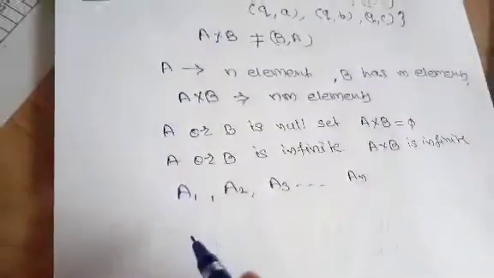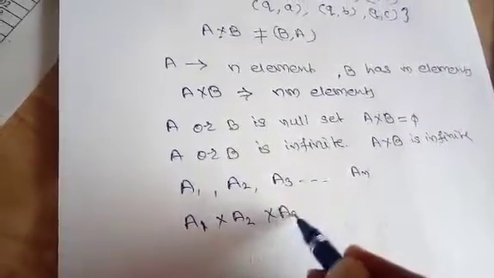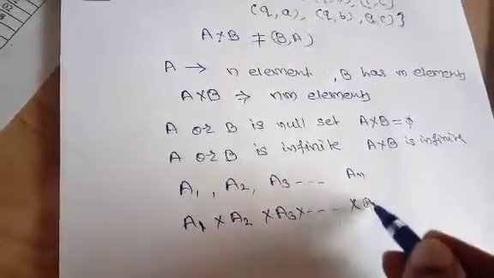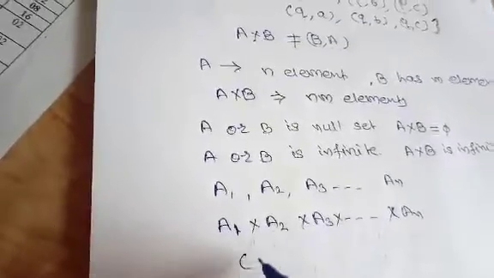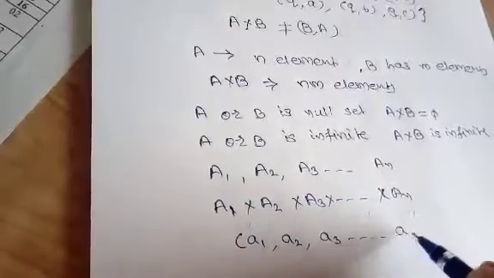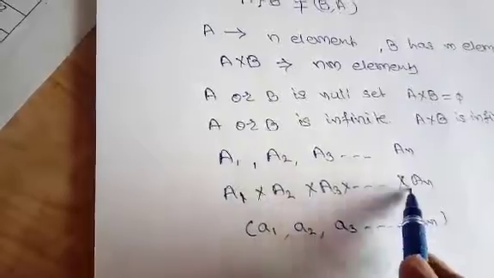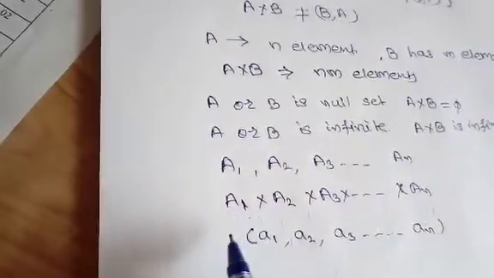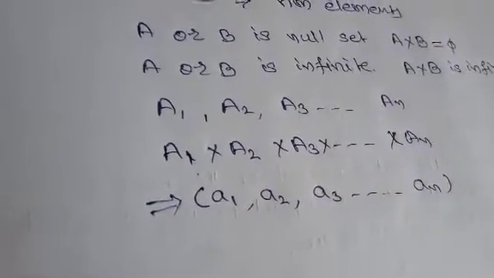Then we take the Cartesian product of these sets: A1 cross A2 cross A3 ... cross An. Then the elements are of the type (a1, a2, a3, ..., an). These are called n-tuples.